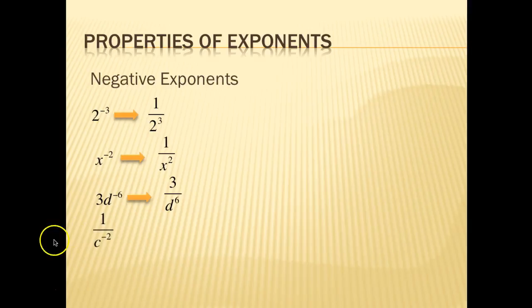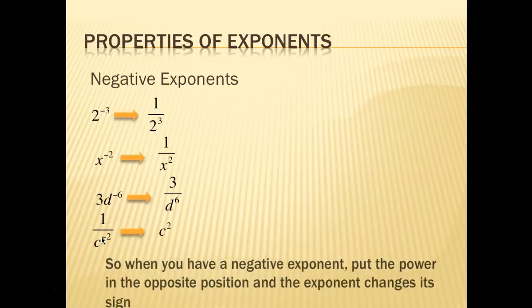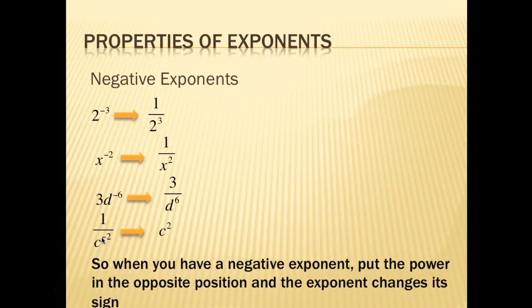And then also, if I have 1 over c to the negative second power, remember, the power that has a negative exponent moves into the opposite position. So in this case, the c to the negative 2 will go into the numerator, and it becomes c to the positive 2. So the rule: when you have a negative exponent, put the power in the opposite position, and the exponent changes its sign.